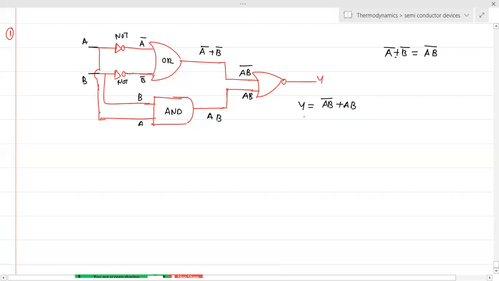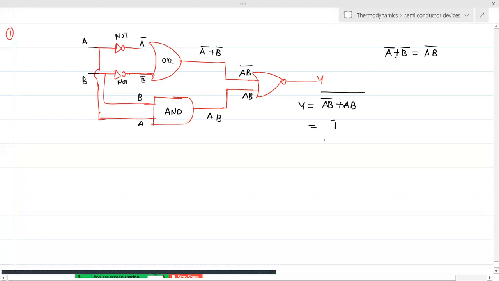So automatically this is equivalent to 1. Actually, this is (AB bar plus AB) whole bar that we need to take, because AB bar plus AB is the only resultant of the OR gate. So AB bar plus AB is nothing but 1. 1 bar is equivalent to 0.